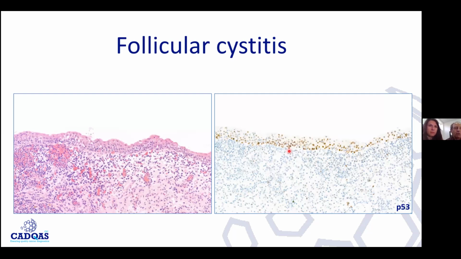Should we do P53 on all squamous proliferative lesions when we are looking between differential diagnosis of squamous cell carcinoma and keratoacanthoma? The reality is no, because is it really important? If you have a lesion that is completely excised, does it really matter that it is a well-differentiated squamous cell carcinoma?